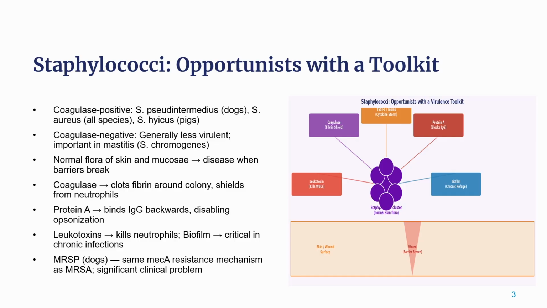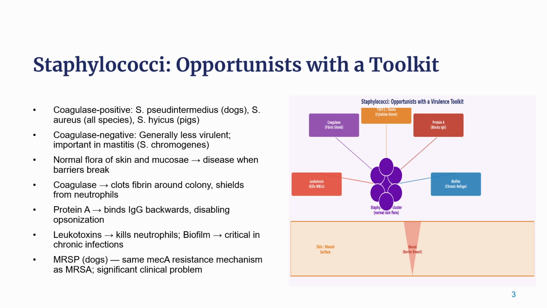Cocci are consummate opportunists. They live peacefully on your patient's skin and mucosae all the time. They only cause disease when something goes wrong: a wound, a surgical incision, a catheter, a weakened immune system. And when they do invade, they come armed. Coagulase is particularly clever. It converts fibrinogen to fibrin around the bacterial colony, forming a physical shield that neutrophils can't easily penetrate.